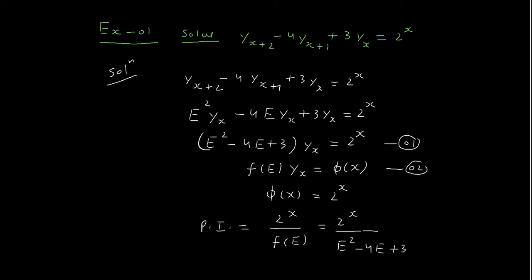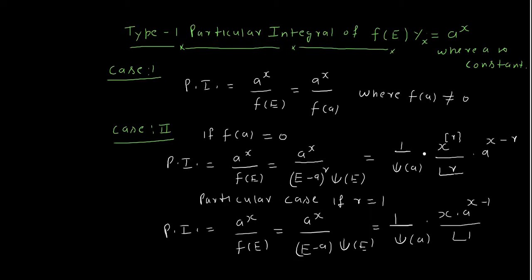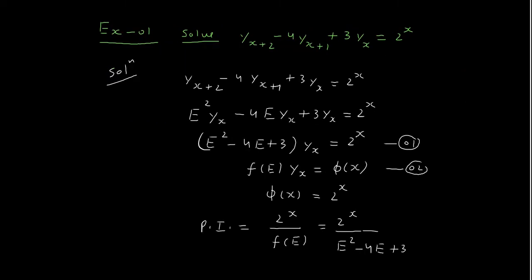If we closely observe the standard form of the particular integral, a to the power x upon f of E, we replace E by a. Here the value of a is 2. So the value becomes 2 to the power x upon 2 squared minus 4 into 2 plus 3.